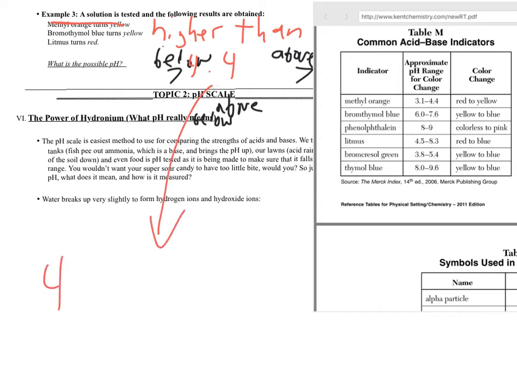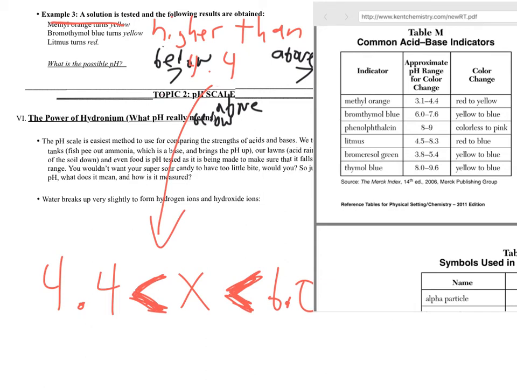It's got to be somewhere between 4.4 and 6.0. That x is just obviously our variable, our mystery pH. We don't know what that is yet. So I'm saying that 4.4 and 6.0 are like our limits here. X has to be somewhere between those two numbers. So 4.4 is less than x is less than 6.0.